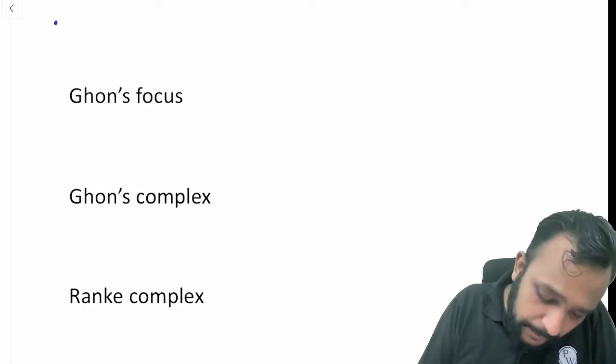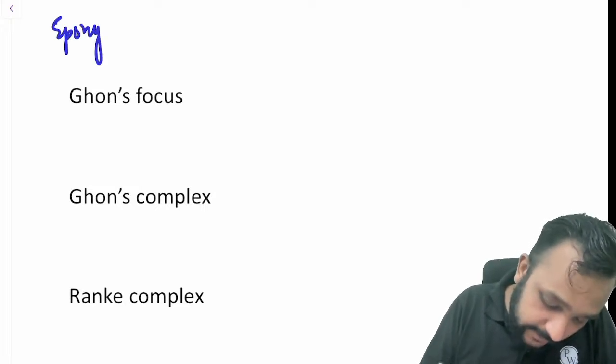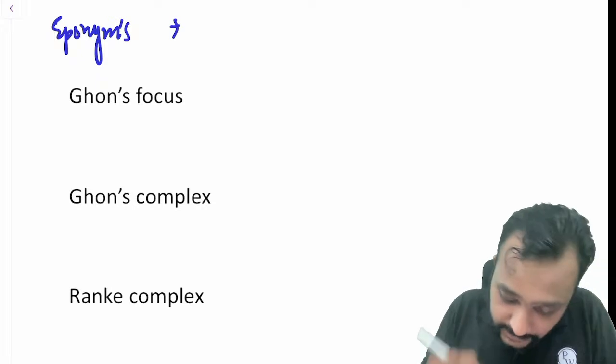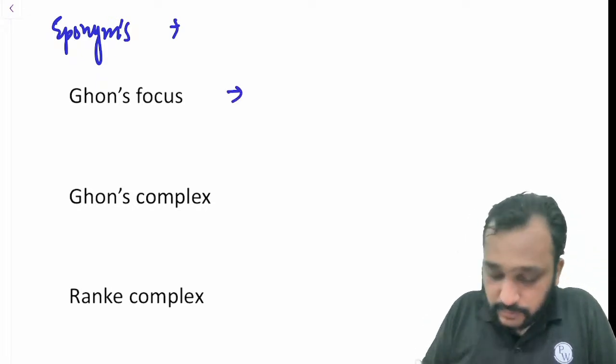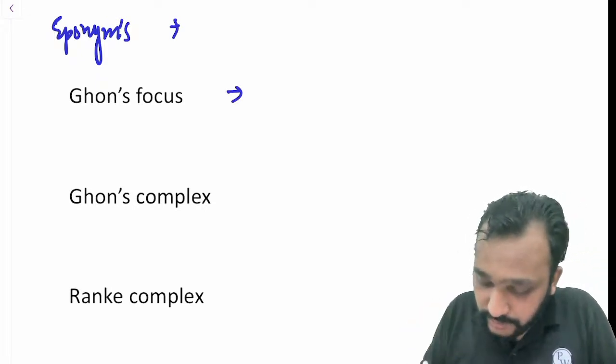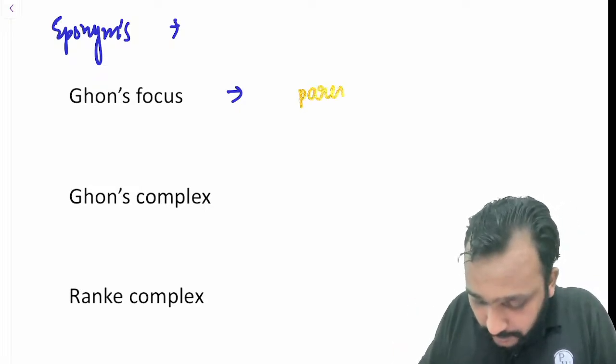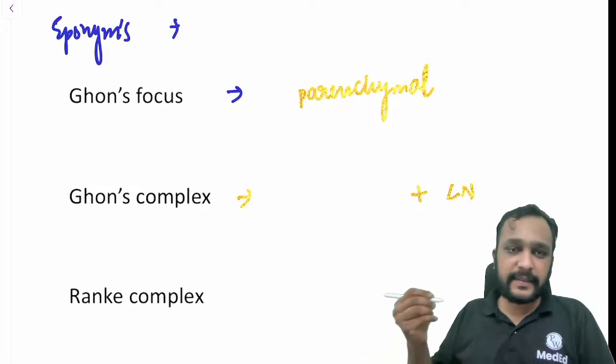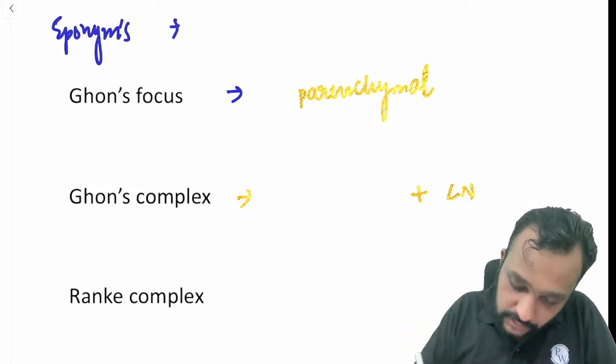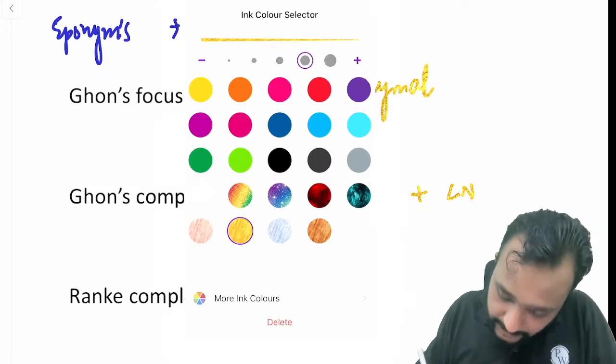So important eponyms that you should be aware of as far as chest tuberculosis is concerned. So this is basically a path question, right? Ghon's focus is nothing, it is just your parenchymal lesion. When a parenchymal lesion plus lymphadenopathy is present, that is the Ghon's complex, right?